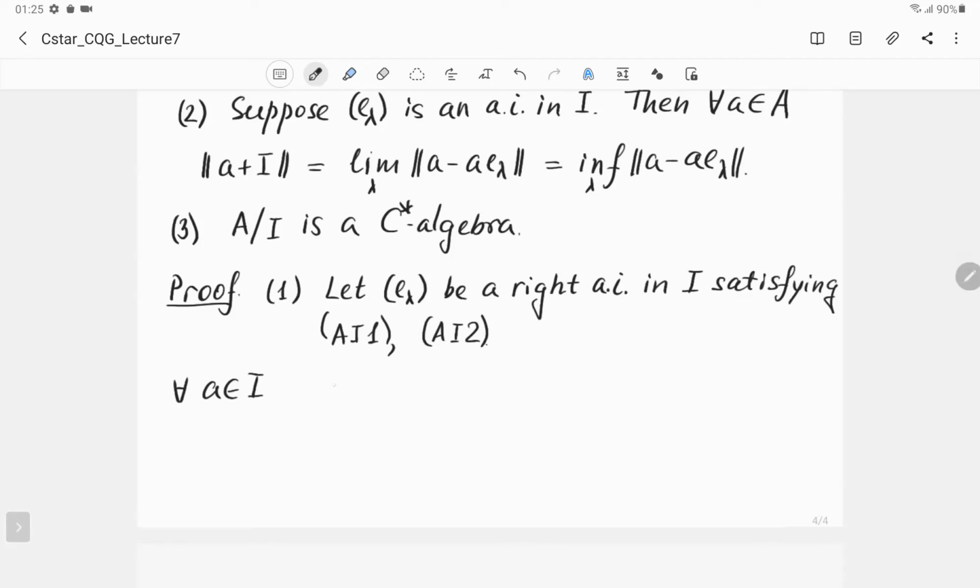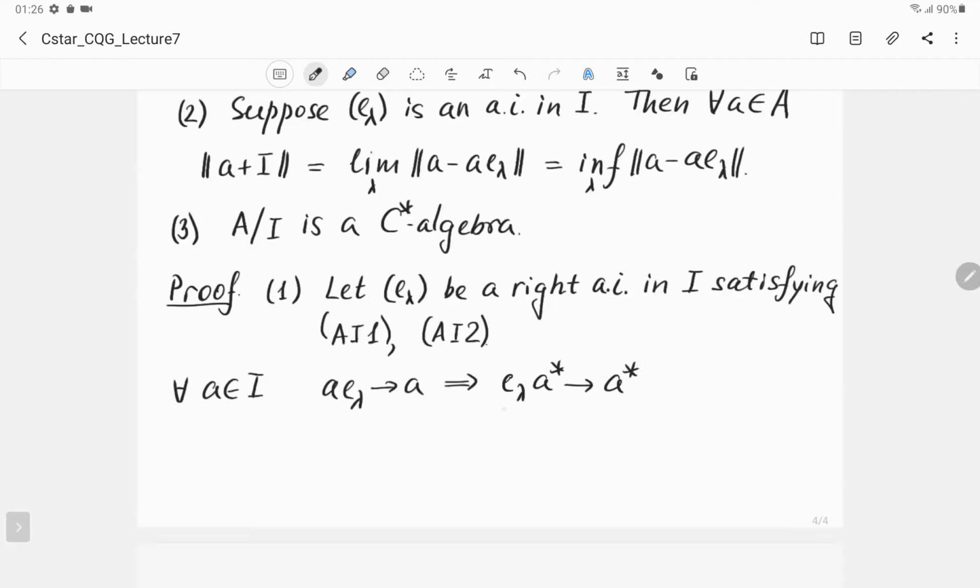So we know that A minus, well, we know that A e_lambda goes to A. So when we apply the involution, we see that e_lambda A star goes to A star.